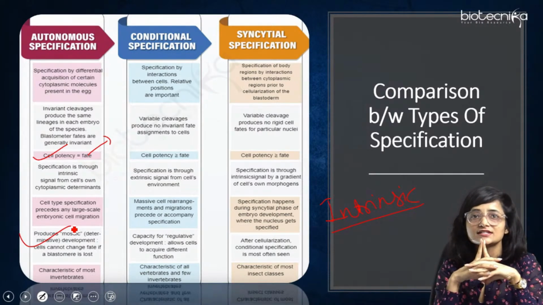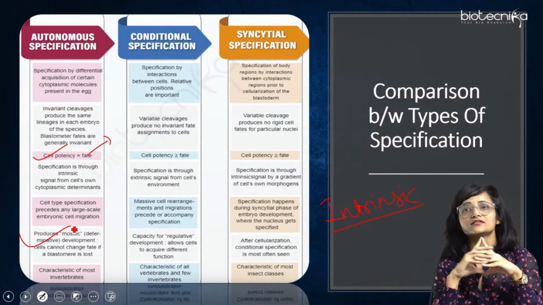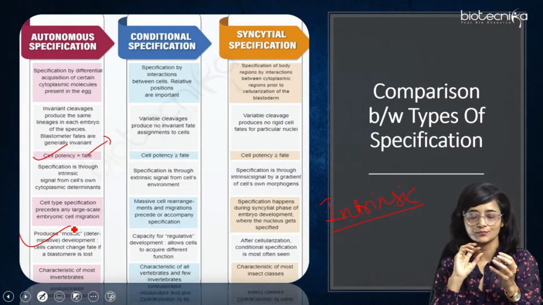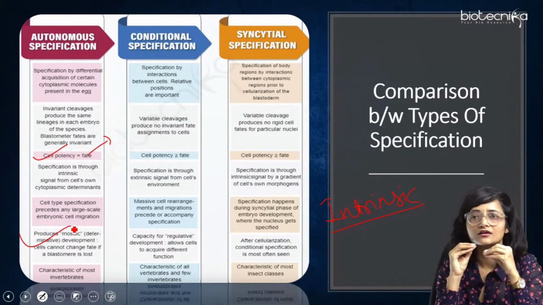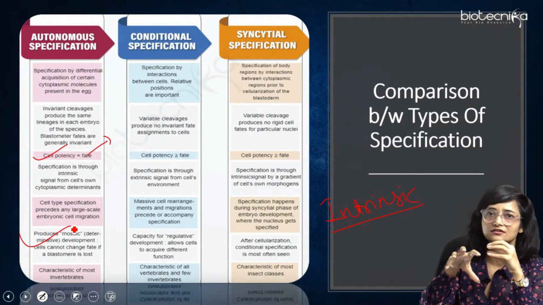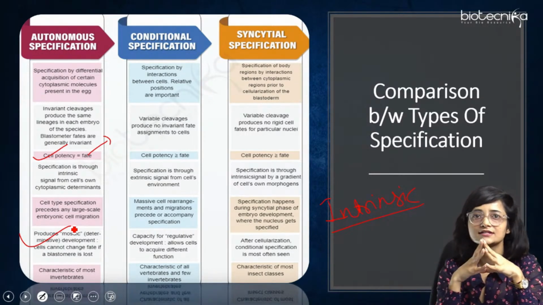Then comes the conditional specification. So here it says the specification is by interaction between cells, and relative positions are important. The positioning of the cells basically decides which particular part it would be forming, right?